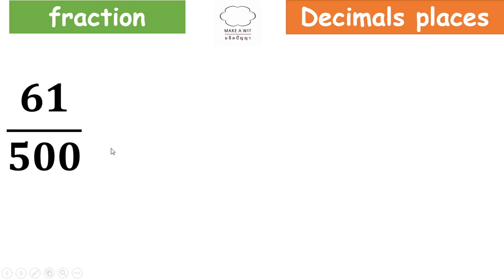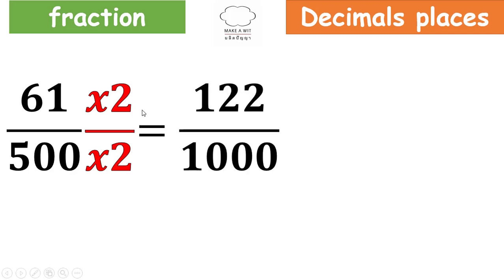How to change 500 to 1000? We can multiply by 2. 500 times 2 equals 1000, and 61 times 2 equals 122. So 61 over 500 equals 122 over 1000.